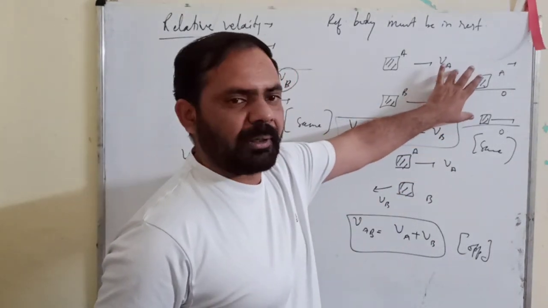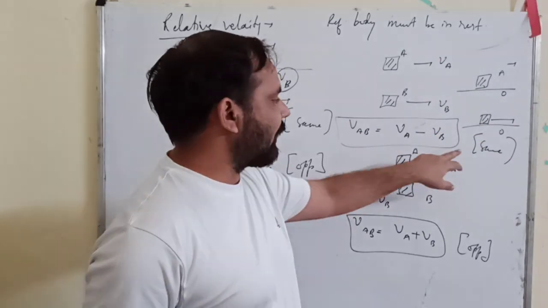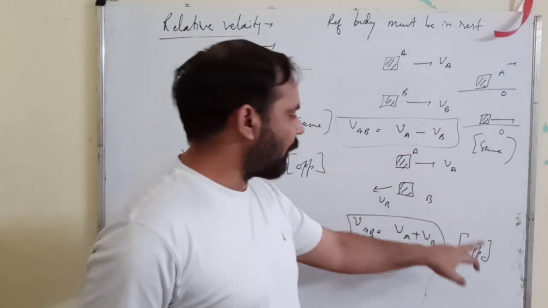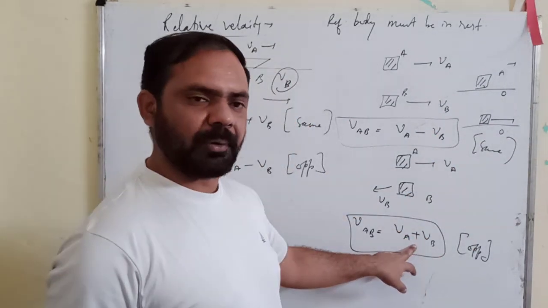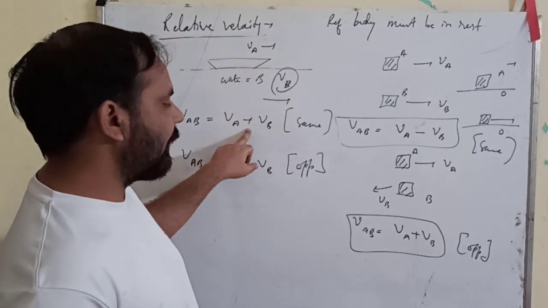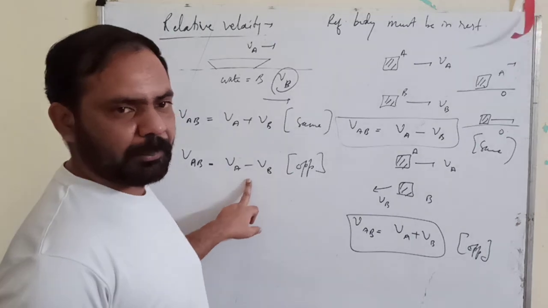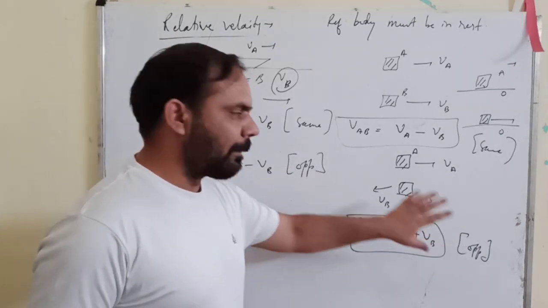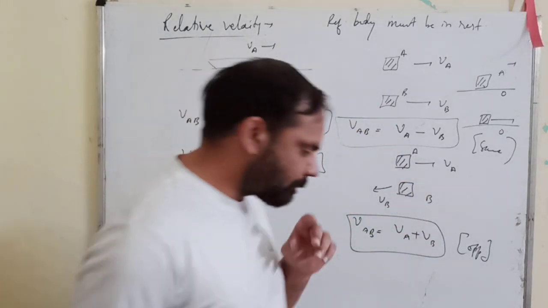Both objects moving on a stationary object: same direction, subtraction; opposite direction, addition. One body moving on another body: same direction, addition; opposite direction, subtraction. Okay? I think it is clear.